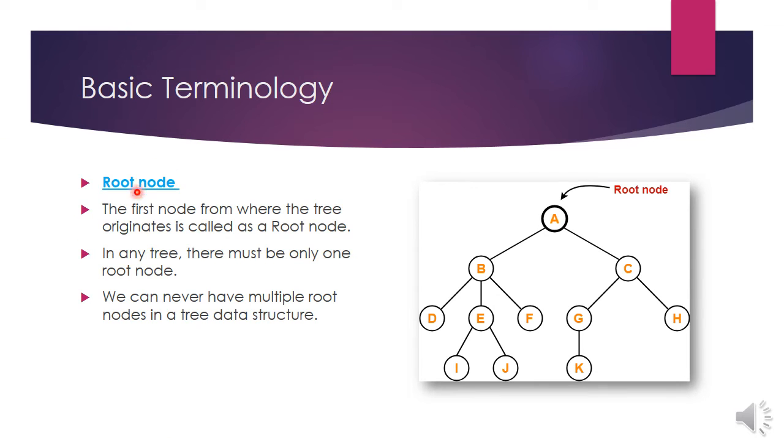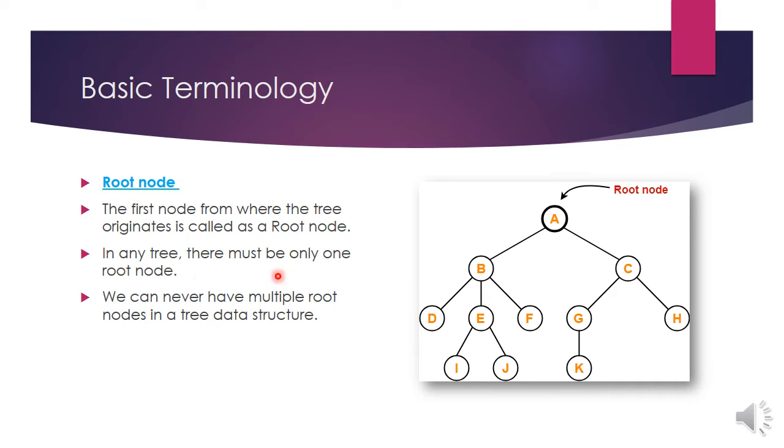Basic terminology. Root node. The first node from where the tree originates is called the root node, the first node from where the other nodes start. In any tree there must be only one root node. What is it saying?